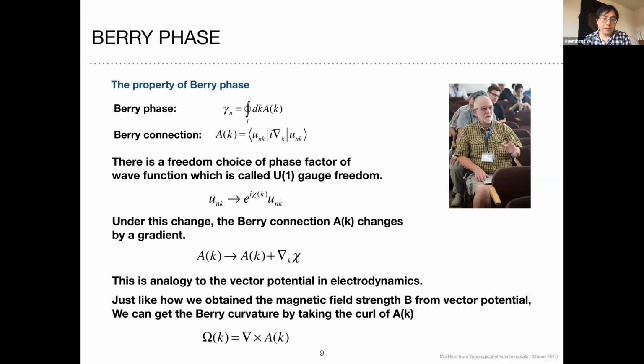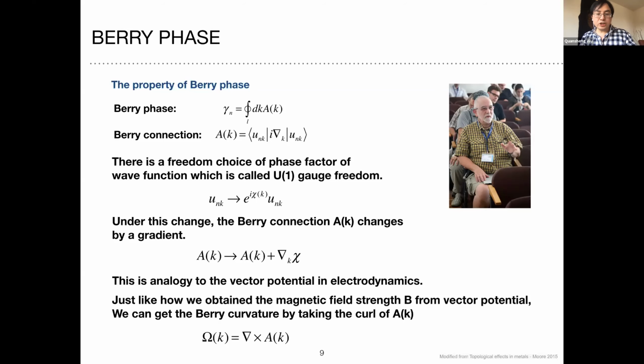Okay, let's go back to the wave function. So at each k point, the Hamiltonian is diagonalized independently. So it means that the wave function will have a k-dependent phase. And this phase is k-dependent because for different k, the phase could be different.